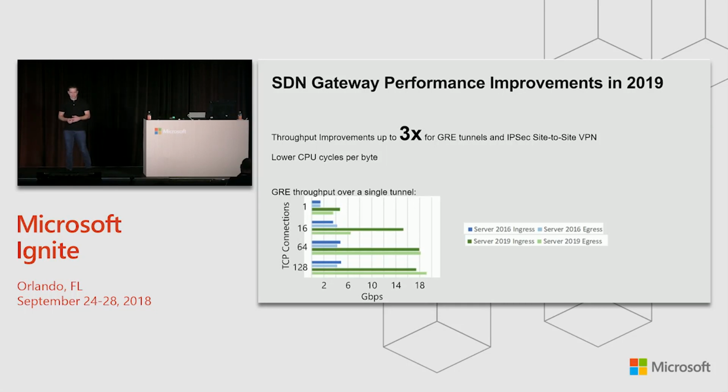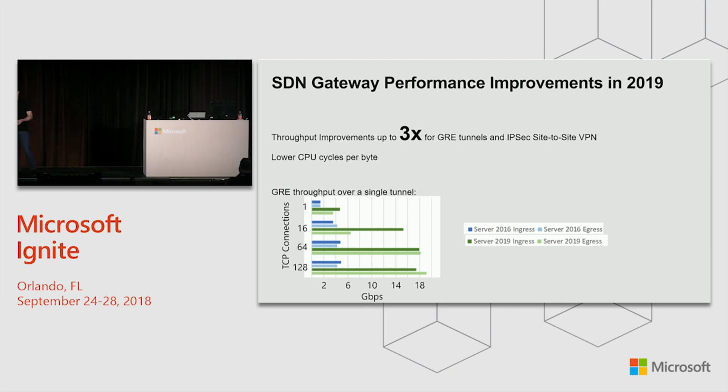This chart here shows GRE tunneling. A single tunnel gives you 3 times the performance. Blue is 2016, green is 2019. As you scale up the number of connections, the throughput just keeps getting better and better. And we do this while using fewer CPU cycles at the same time. The way we do this with GRE in particular is by using the hardware offload in the physical adapter of the host.